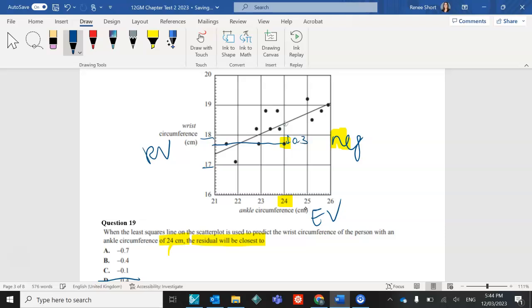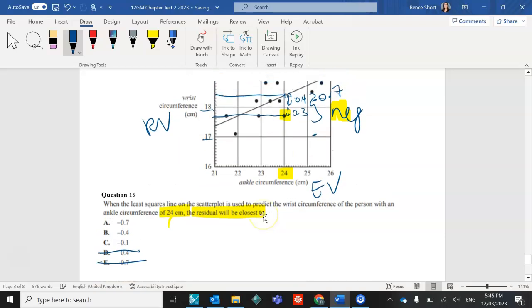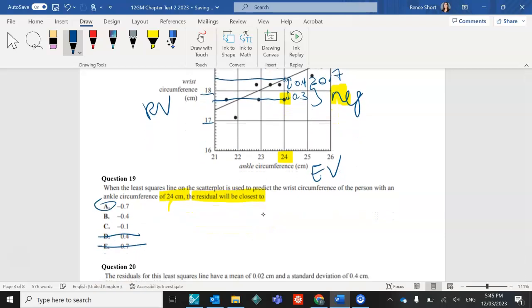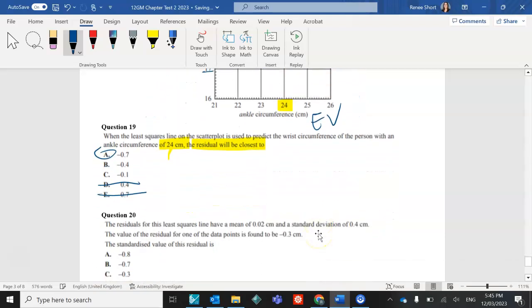And if I did the same thing for when this line here comes across, this ends up being like 0.4. So in terms of what my residual is, if I add them both together, I get 0.7 as a total. And remember, it's a negative value because the dot is sitting below the line. And so A is the best answer there.